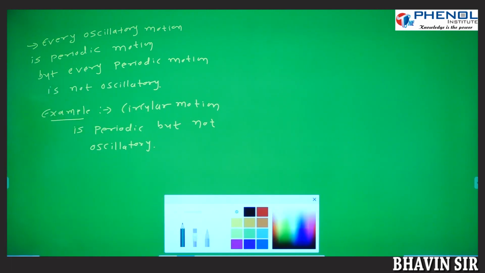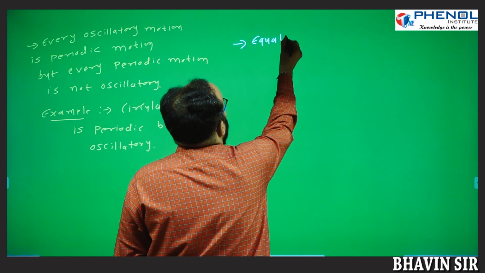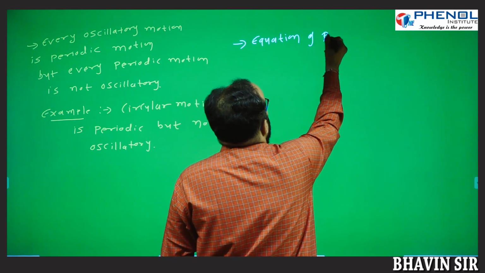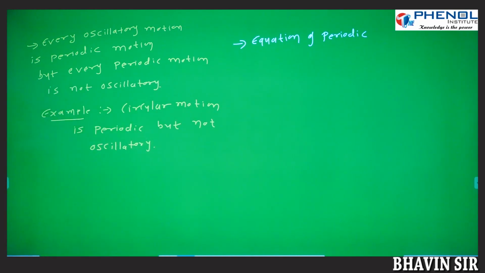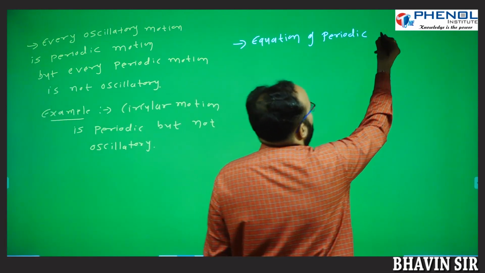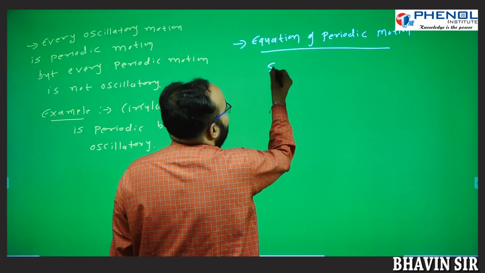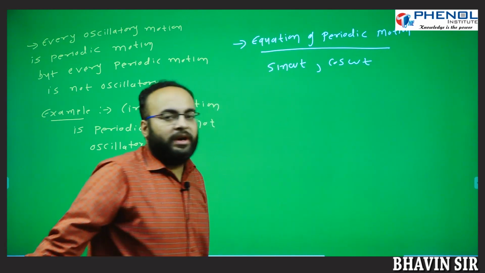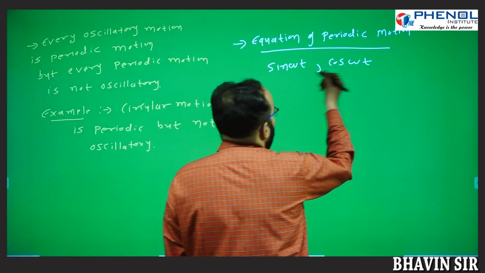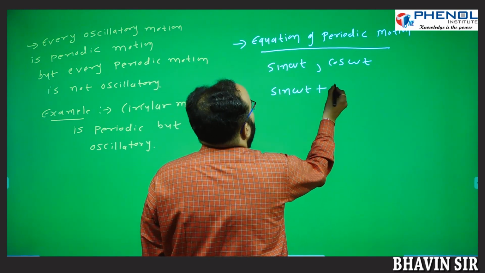Now students, what is the form of the equation of periodic motion? Which is the form of the equation of periodic motion? So the equation of periodic motion is in the form of sine or cos, sine omega t, cos omega t, or we can say it is the addition of both functions.